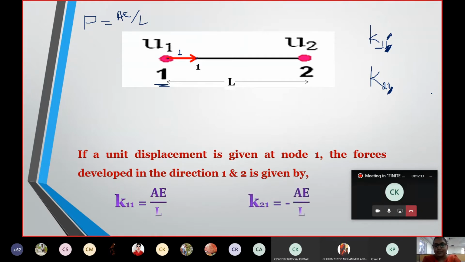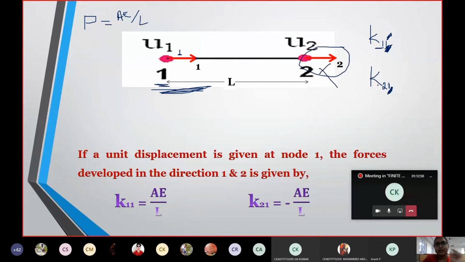Now what will K21 become? K21 is minus AE by L. Why has the term minus AE by L come into the picture? Due to the unit displacement given at coordinate 1, the displacement at coordinate 2 is also happening. But what did I tell you? The rule is, when a unit displacement is given at one particular node, there should not be any displacement in the other coordinates. So when I give the unit displacement at 1, the displacement at 2 should be restricted.